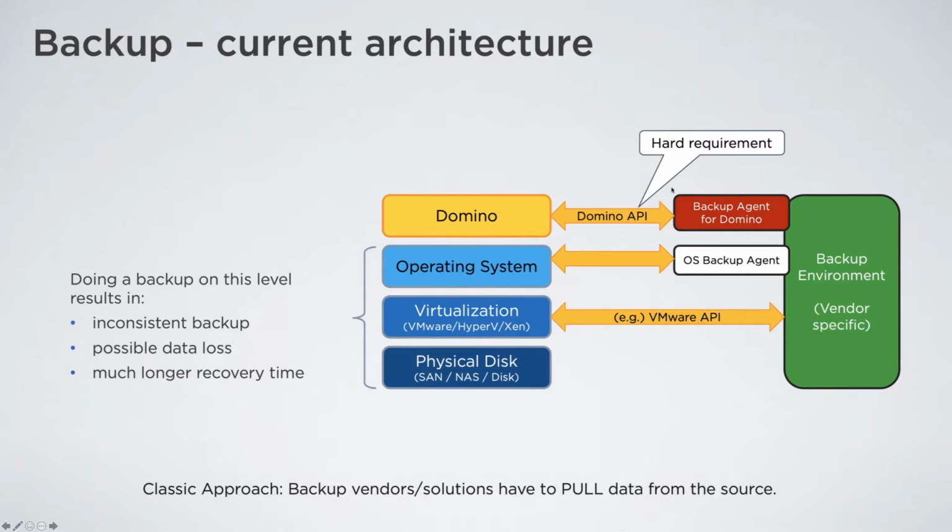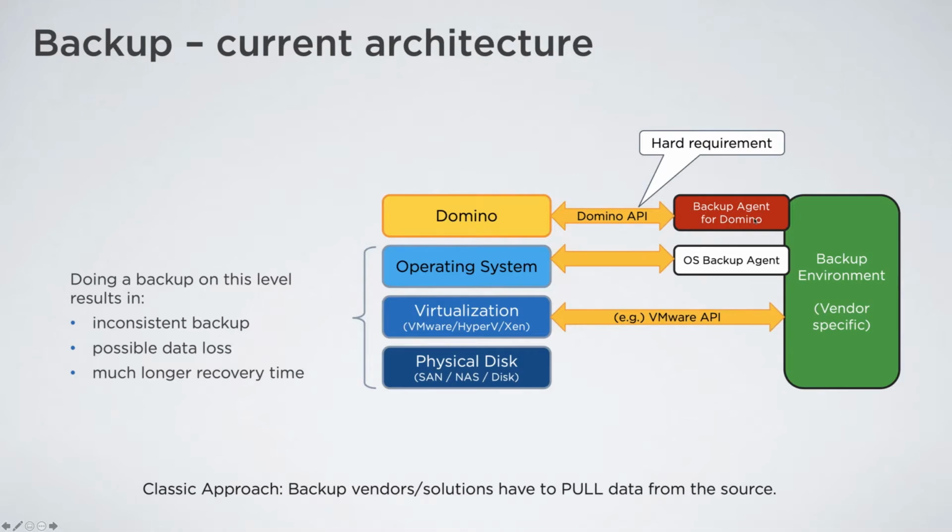Very often this software needs something like a backup agent for Domino. For mail, it has different names, but it means that this backup software can back up Domino databases live while the Domino server is up and running.